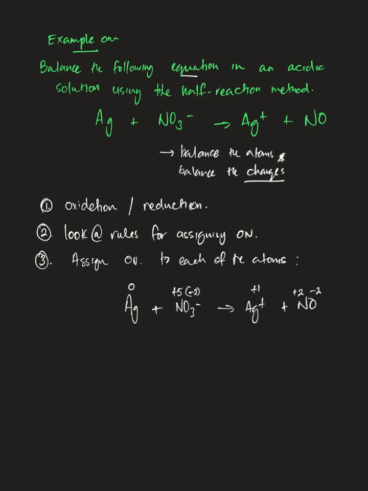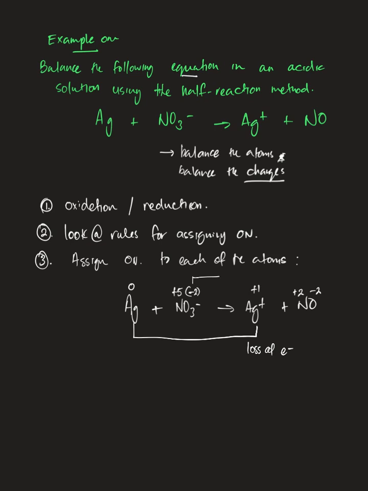Right, so if I link these two, my Ag and my Ag⁺, I can see that it went from 0 to +1. If it goes from 0 to +1, then my oxidation number is going up, it's being increased, which tells me that I have a loss of electrons.